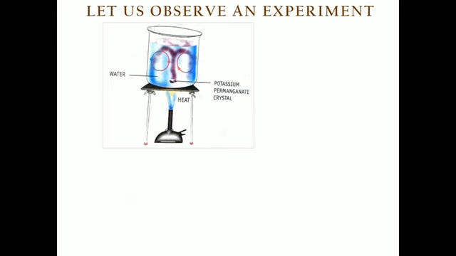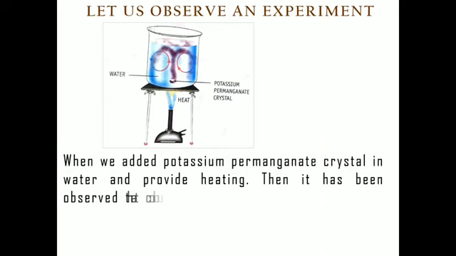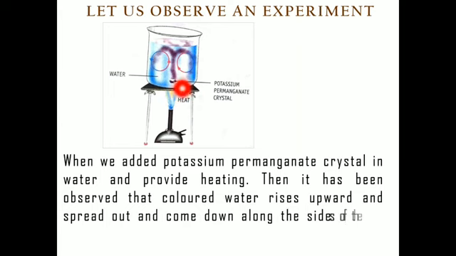Now this is the activity to show you convection. It is given in your book. You can see in this picture we are providing heat to water in a beaker, and we have placed a chemical, potassium permanganate. When we apply heat, the water at the bottom of the beaker will start rising up.